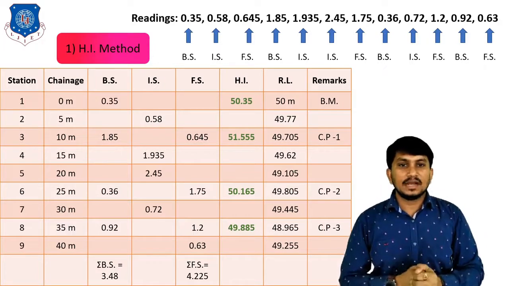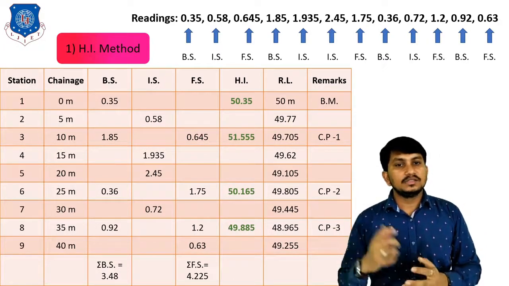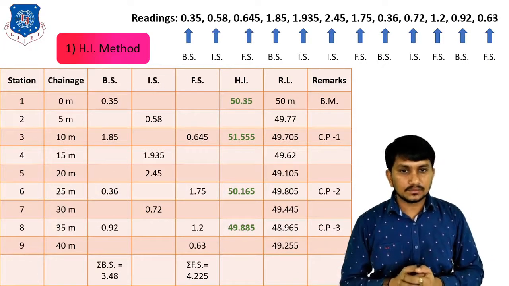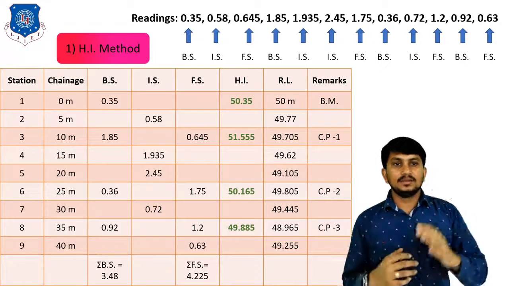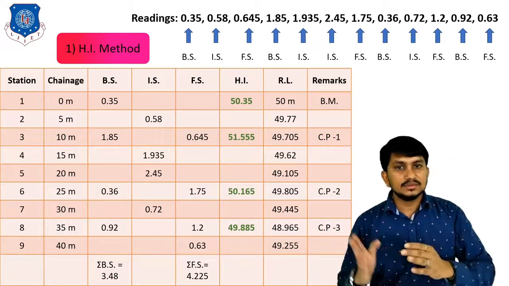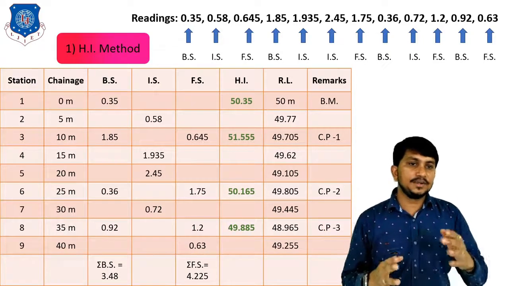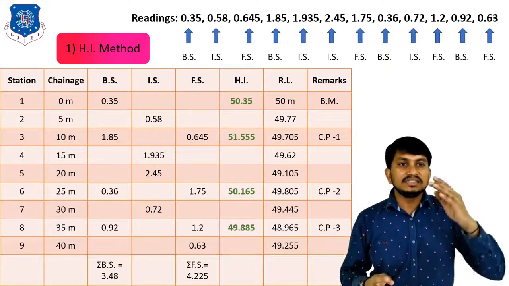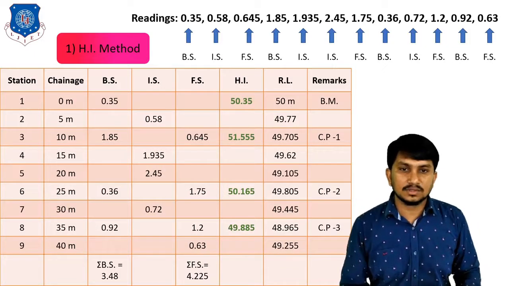FS and BS are there because there is a changing point, so there are 2 staff readings at the changing point. Then 0.72 is IS, then FS. After FS, BS is there, so there is a changing point, which can be written in the remarks column. Then the last reading is FS, so it is written in the FS column.